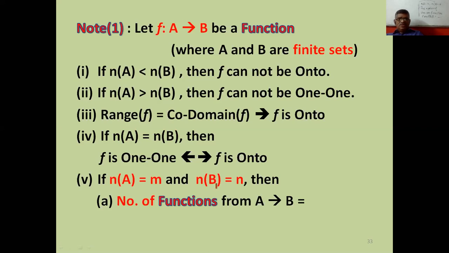Okay. Now you answer this. The number of elements in A is m and the number in B is n. How many functions are possible from A to B? This was one of yesterday's questions.